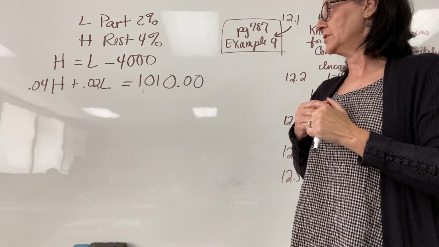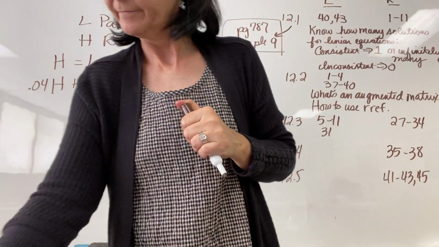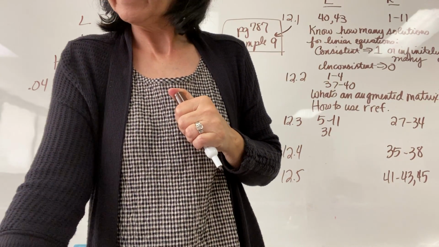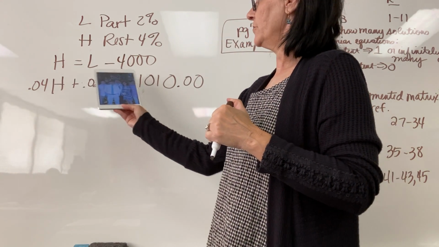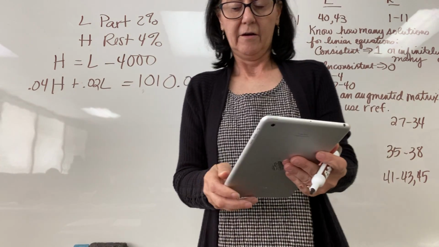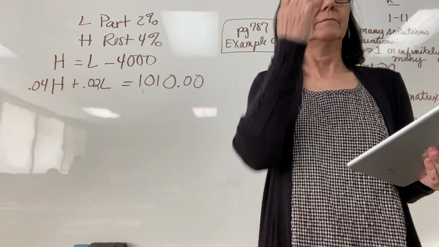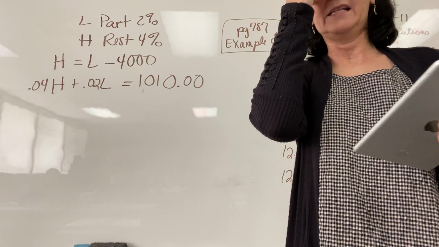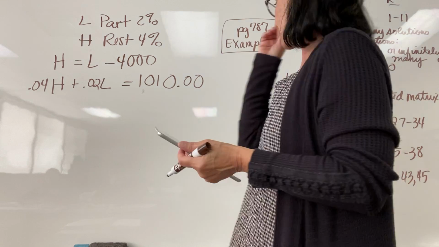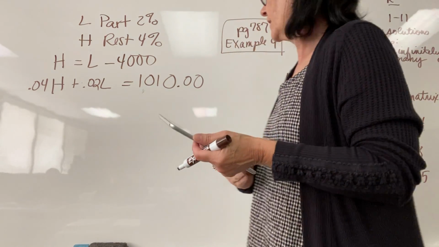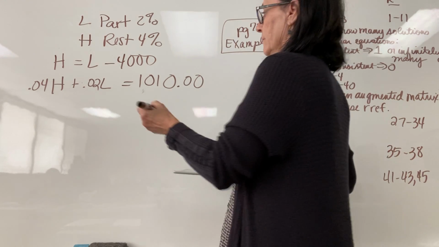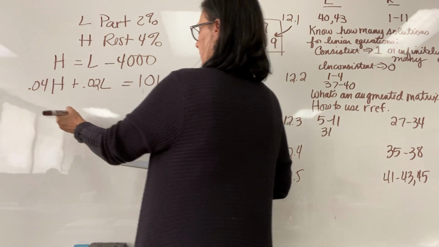You could use substitution, right? So for high, I would substitute in low minus 4,000. That to me seems the easiest way to solve this. Whenever you move that decimal place over, would you just add 2 more zeros?